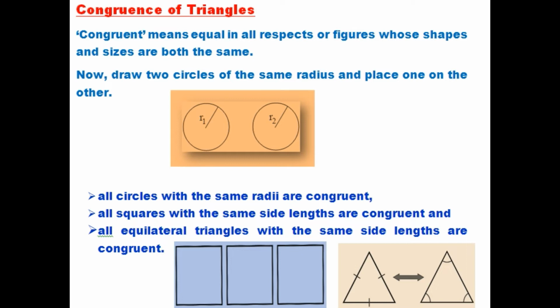So both are congruent. Always remember: all circles with the same radii are congruent, all squares with the same side length are congruent, and all equilateral triangles with the same side lengths are congruent.